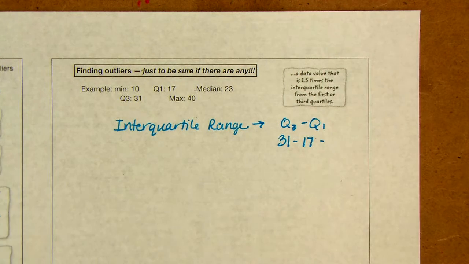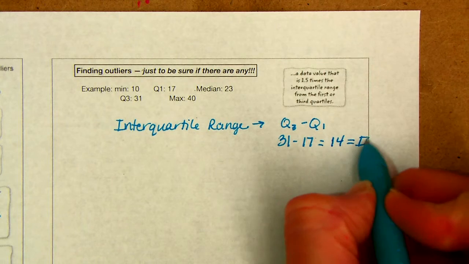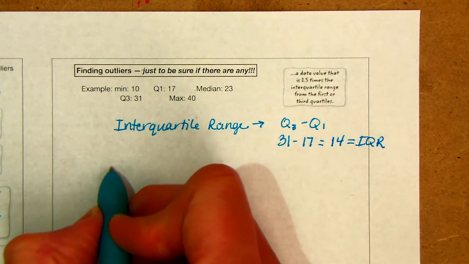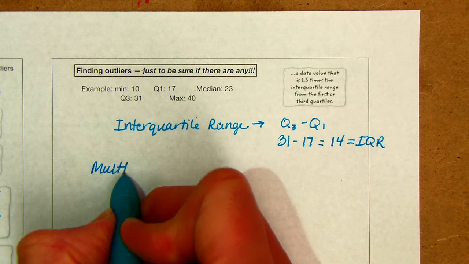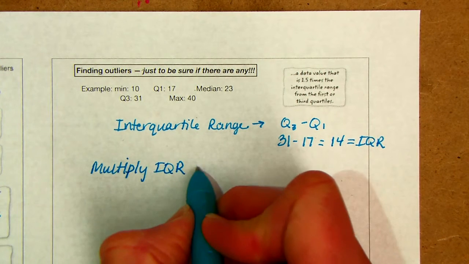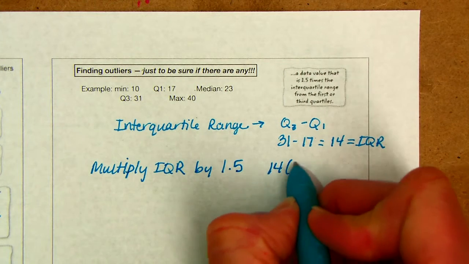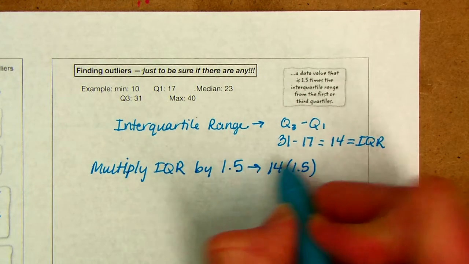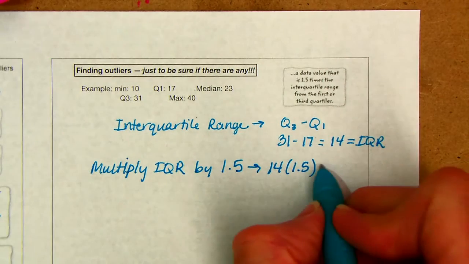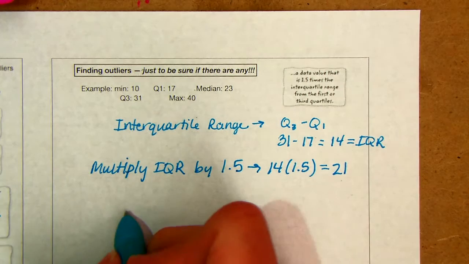I then take that amount times 1.5. So I take 14 times 1.5, which is going to be 21, I think. Yep, 21. Now I take that value and I subtract it from the first quartile, and I add it to the third quartile.